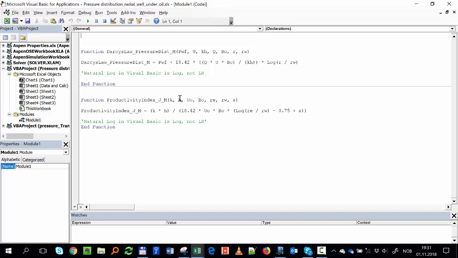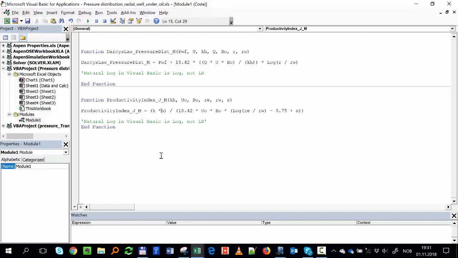So let's modify this equation so that we can use it. Very carefully, put the cursor in front of the H and erase all the way to the comma and put KH as one variable. Erase the space and the comma between K and H and put them together, such that it is one variable.